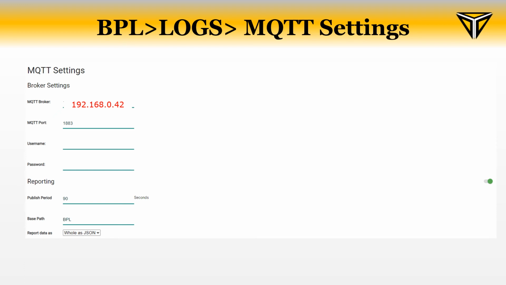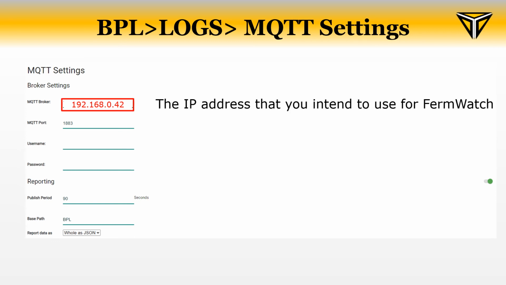The next step is to set up BrewPiLess, and you go to the logs MQTT settings and look for the broker settings. So you put in the IP address that you tend to use for FermWatch. You put in 1883. Don't ask me why, just do it.